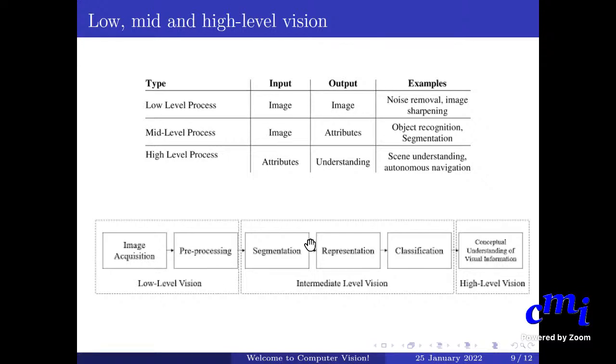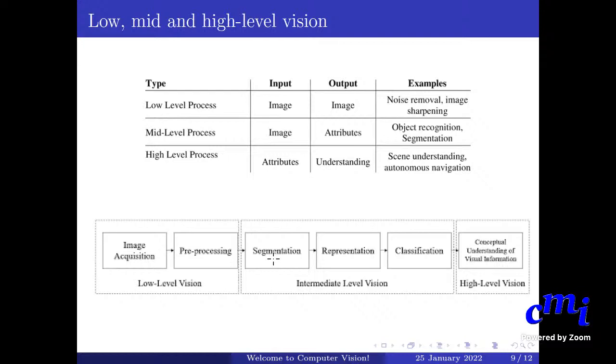Then the intermediate level or mid-level processes are where you will typically have some kind of segmentation to be done, because segmentation is the process where you separate the different objects and the background in the image. As a human, when you look at an image or an object, your brain is trained to separate it from the background and understand what it is.